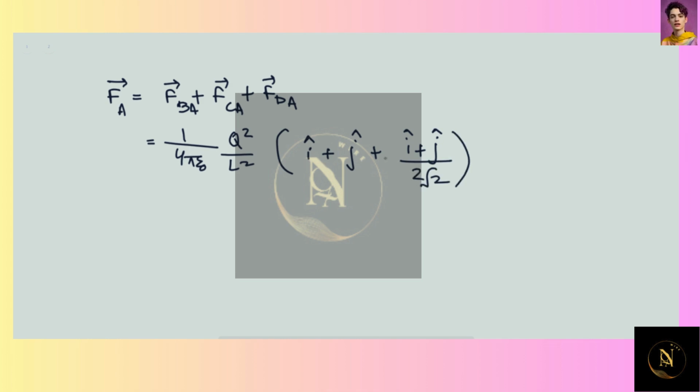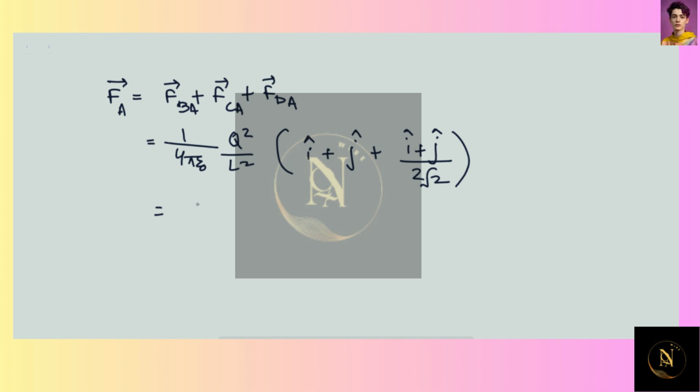Now, adding the respective components, this turns out to be somewhat like this. I cap plus j cap. I cap comes from BA, j cap comes from DA, and i cap plus j cap over 2 root 2 comes from CA.